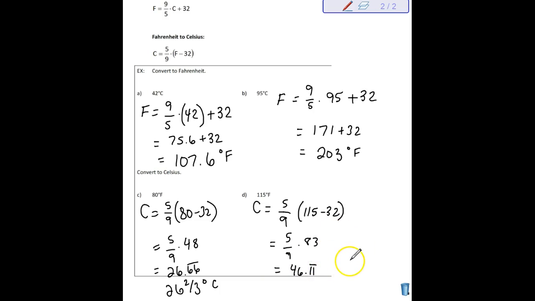Well, we remember from that work we did with fractions at the beginning of the term that this is 46 1/9 degrees Celsius. So that's how we use our temperature formulas to convert between degrees Celsius and degrees Fahrenheit. Okay, we'll see you in the next video.